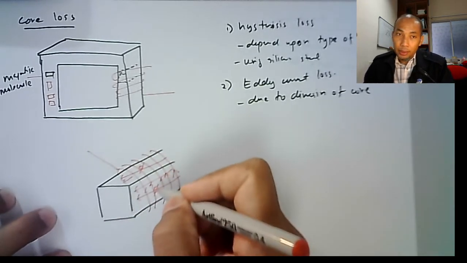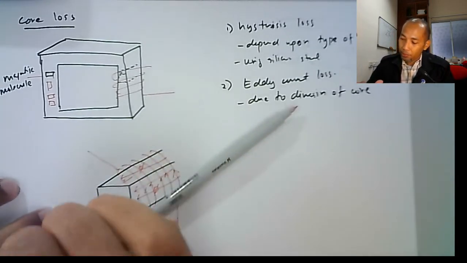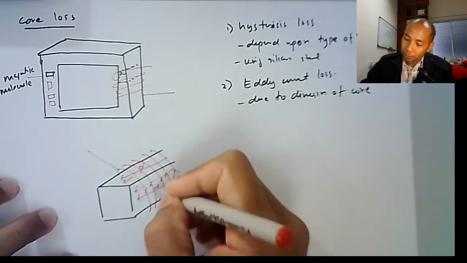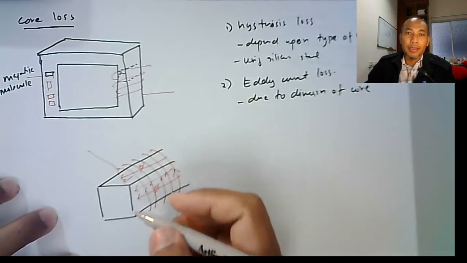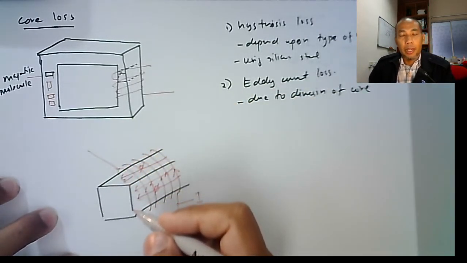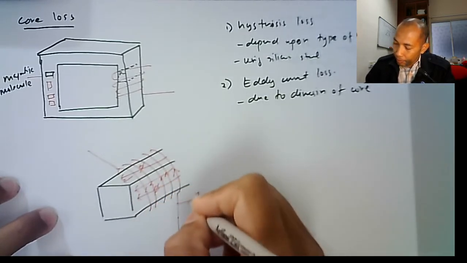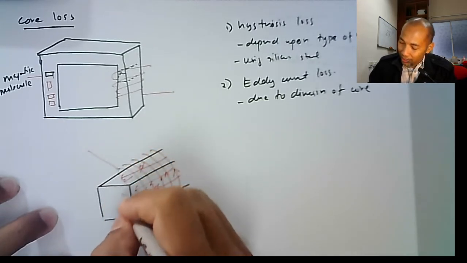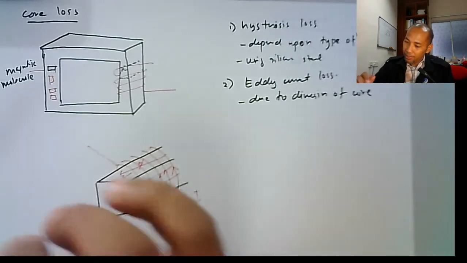This flux will produce eddy current by the right hand rule. The winding current produces magnetic flux. Then the flow of magnetic flux also produces current. This is based on Faraday's law. Current produces magnetic flux, and magnetic flux also produces current. So with magnetic flux like this, the current will be like this.